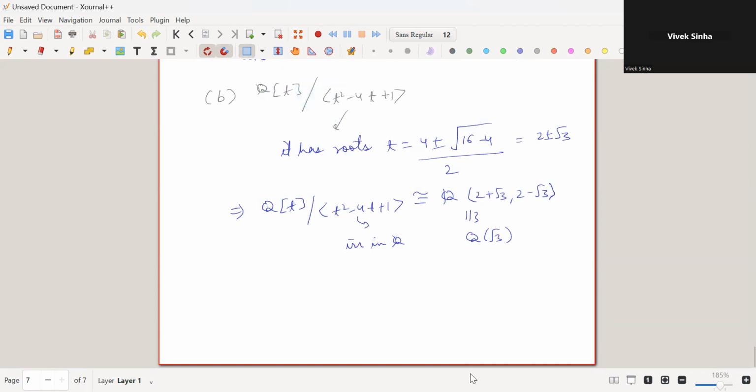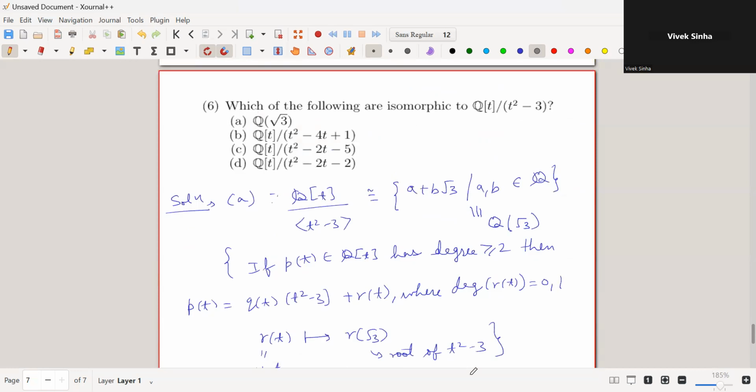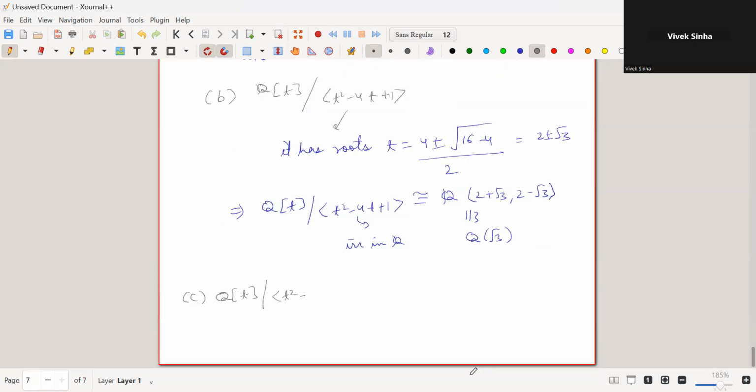So third one is Q[t] modulo t square minus 2t minus 5.